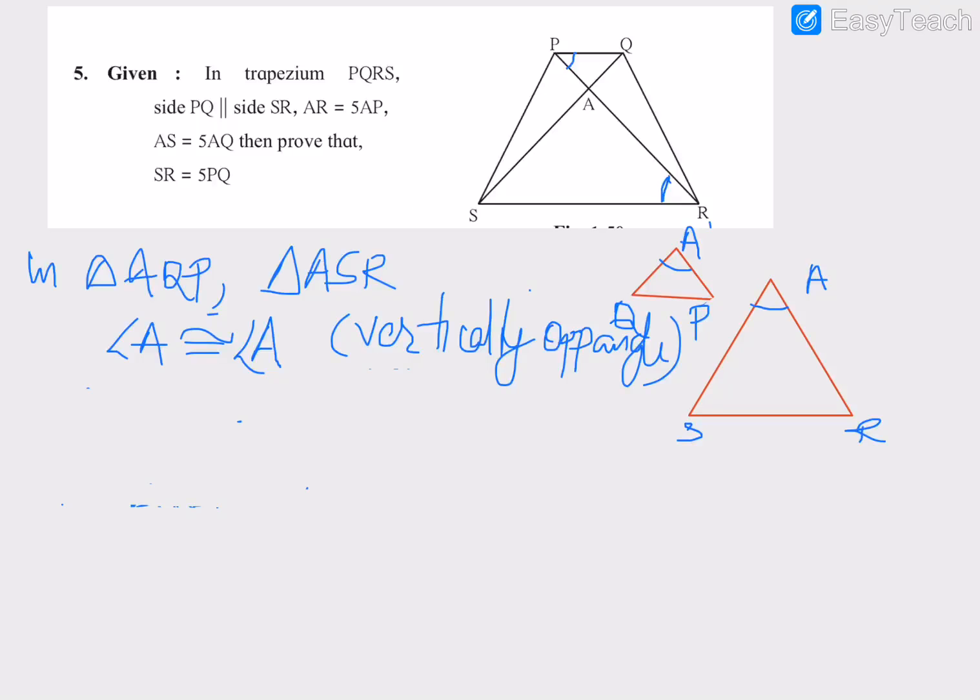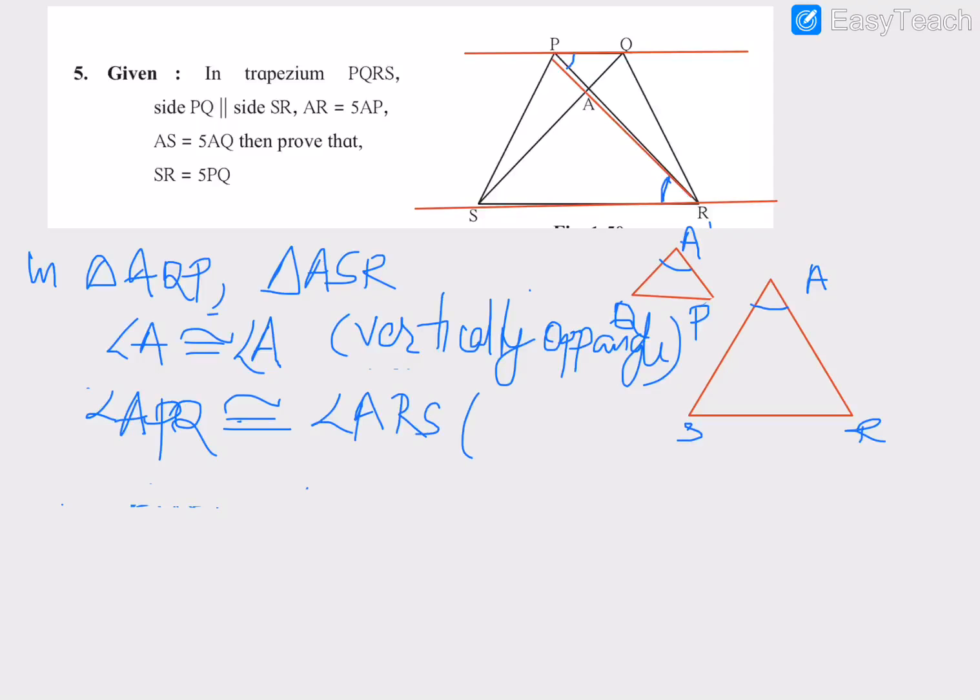So they are alternate angles. So we can write: angle APQ is congruent to angle ARS, since they are alternate angles.